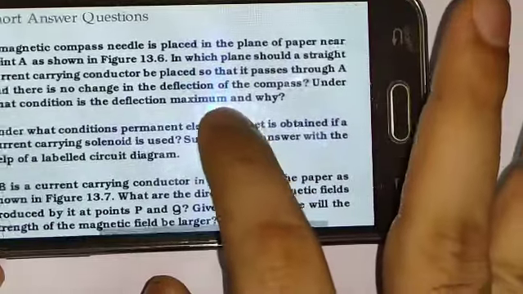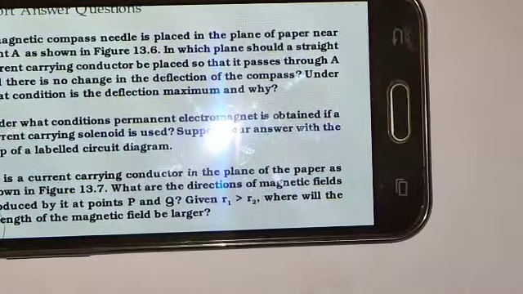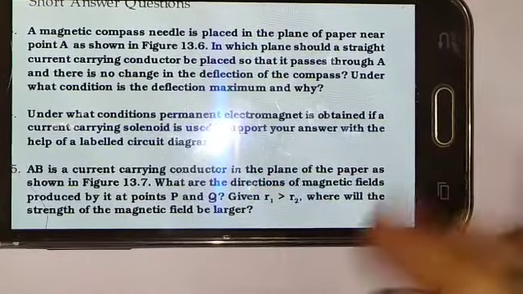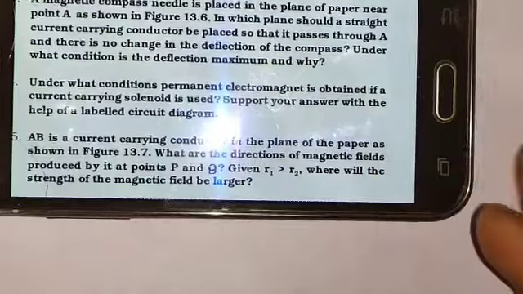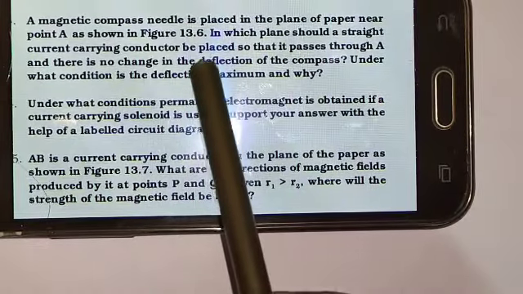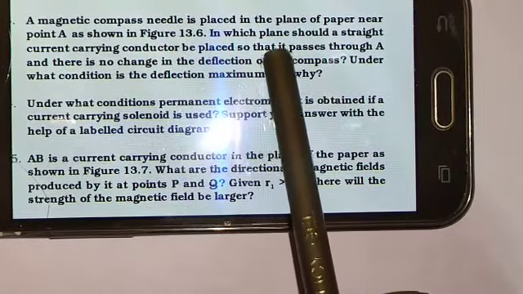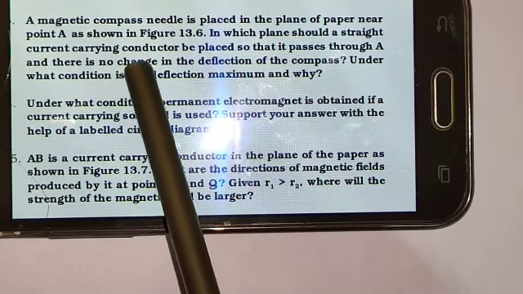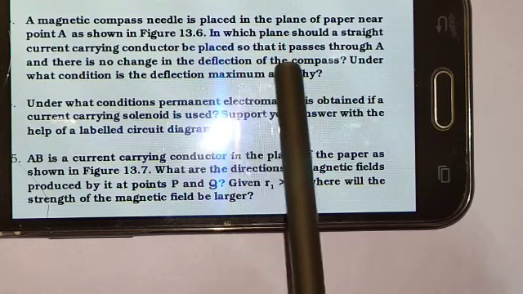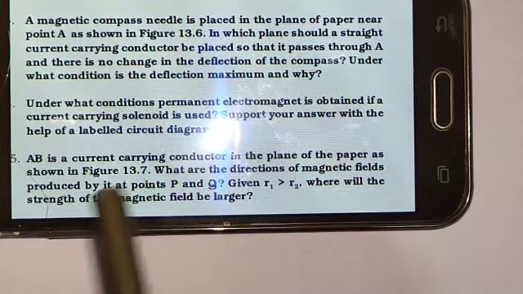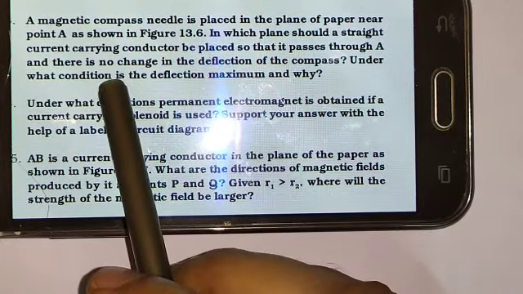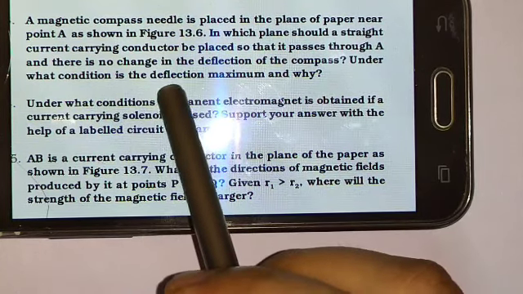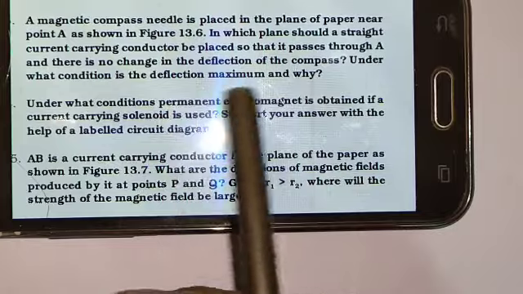Let us read out the question so that we can understand it more. In figure 13.6, in which plane should a straight current carrying conductor be placed so that it passes through A and there is no change in the deflection of the compass.